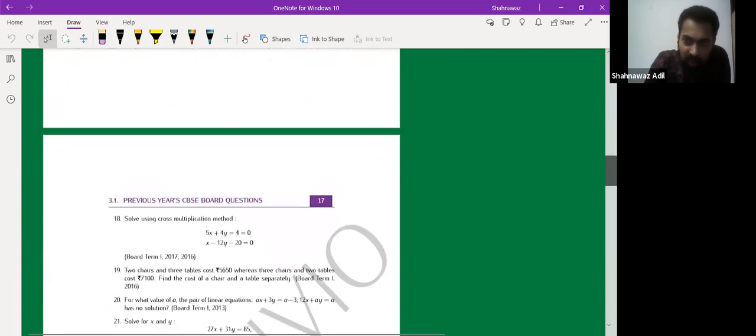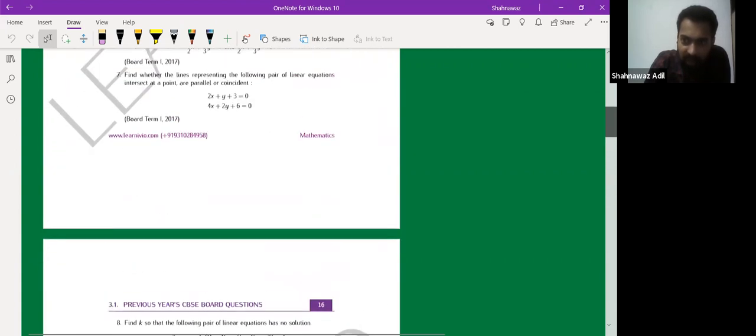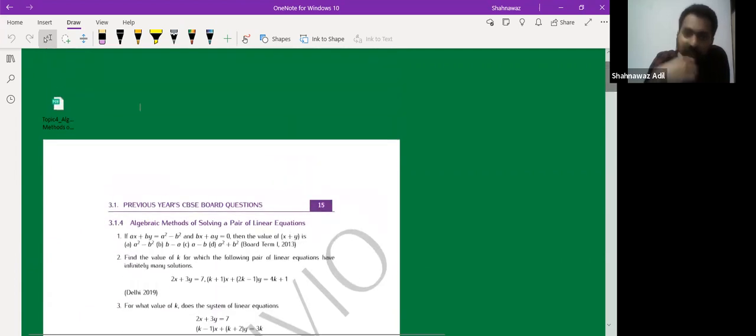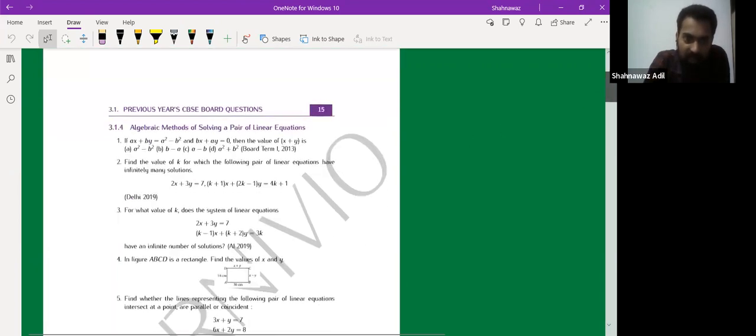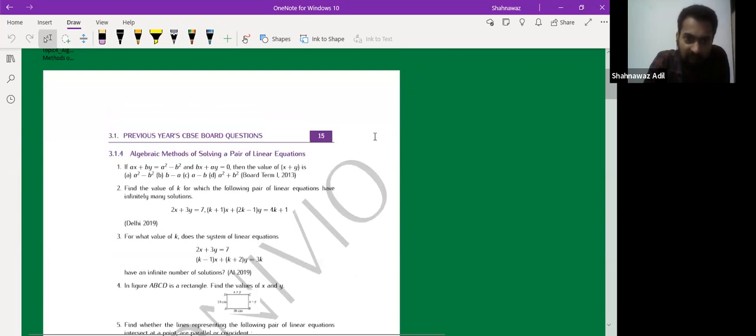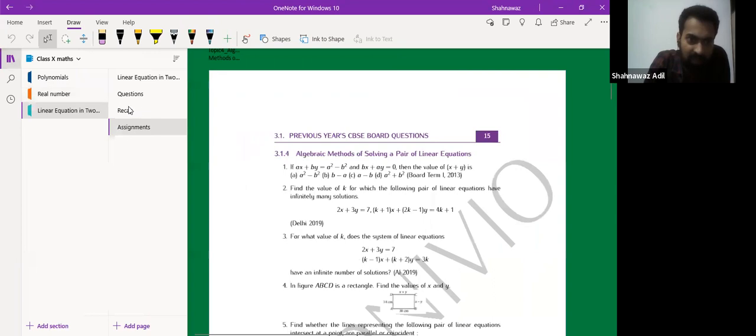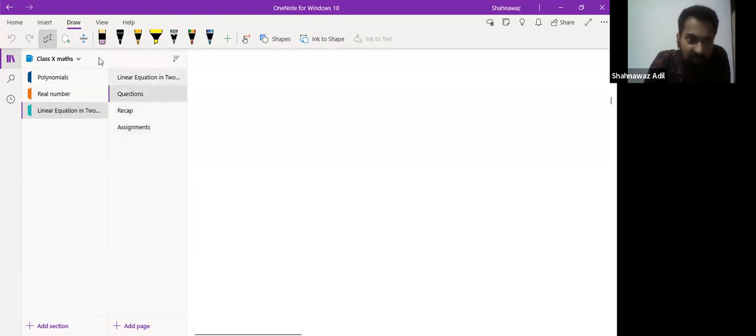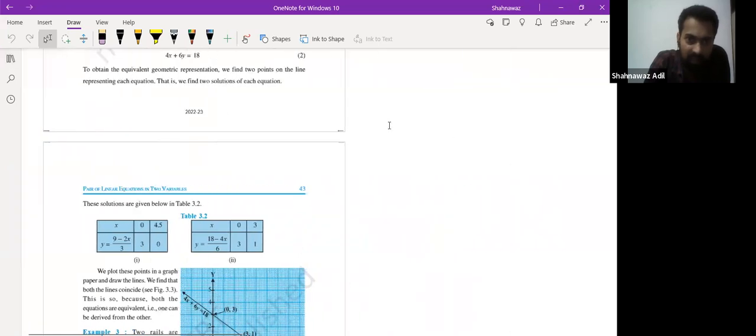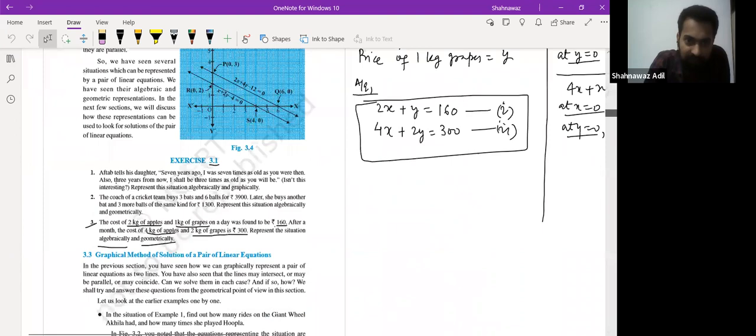Please go into your account and see the assignments, and there you will have third chapter CBSE PYQ, and from that you get the topic 4 assignment: algebraic methods of solving a pair of linear equations. Now, without further delay, let's start right where we left.